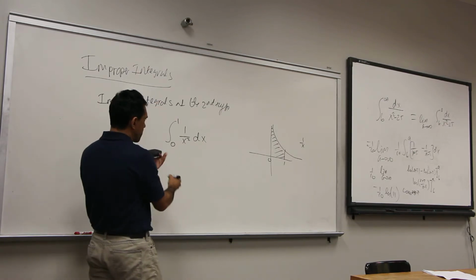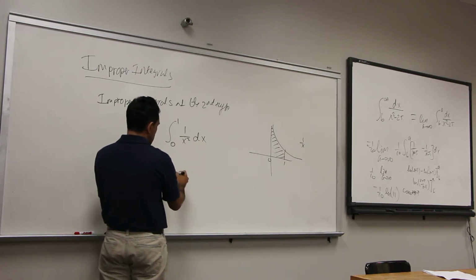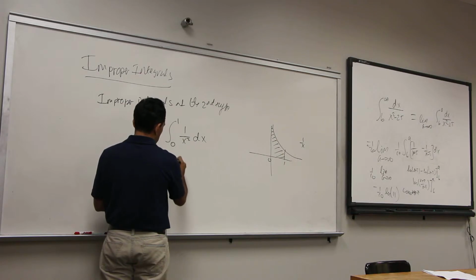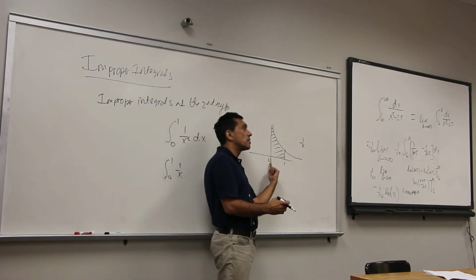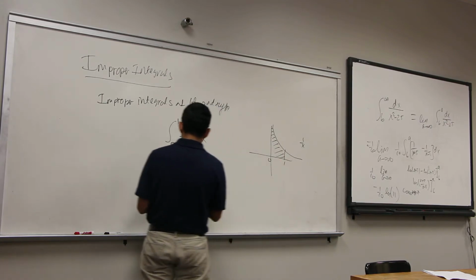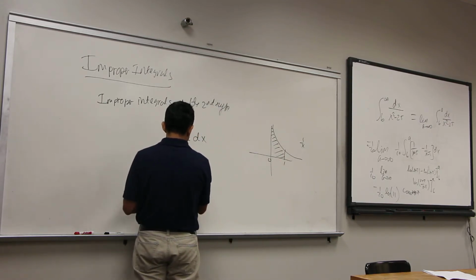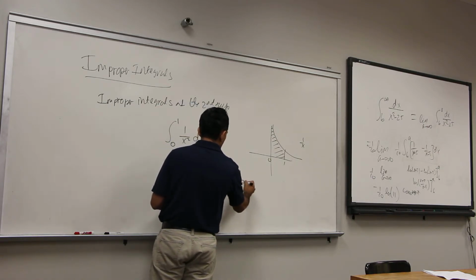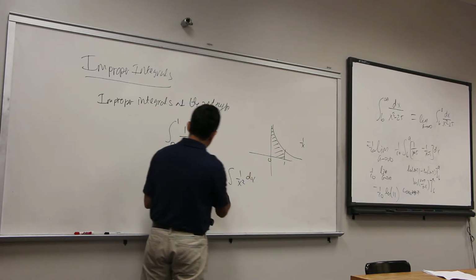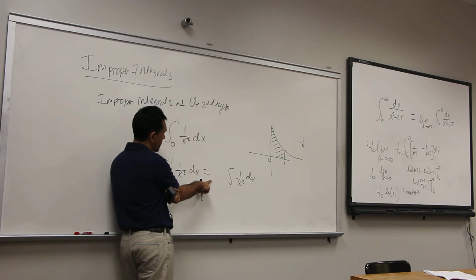So how do we break this up using limits? We approach 0 from the right. What do we write here? Avoid the axis.